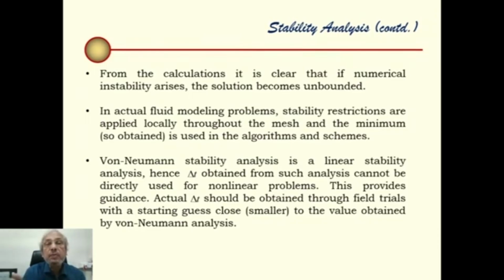We find out velocity field first and then feed the velocity field in the energy equation to solve for temperatures. Whatever it is, we will discuss when we take up those specific problems. What I want to mean is that basically fluid flow problems are nonlinear problems. So this stability analysis, whatever delta T we get, cannot be directly applied to it.